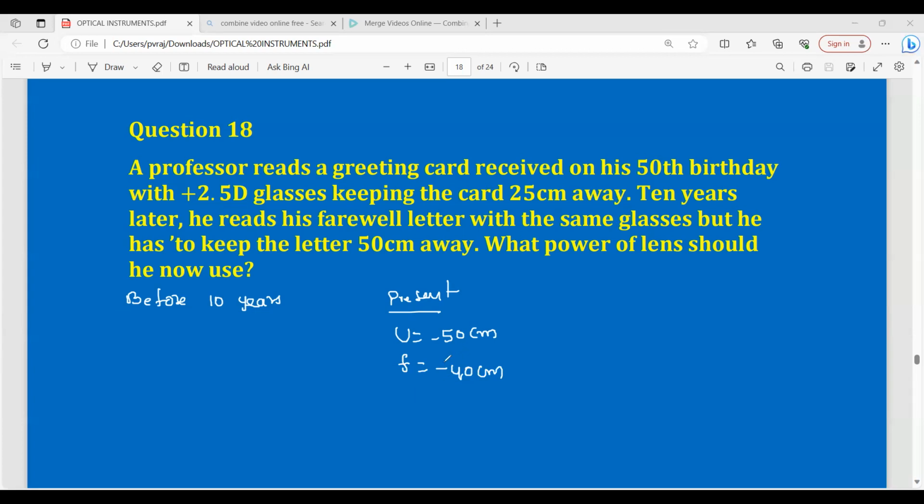Of course, plus 40 you can also use, no problem. Then you have to calculate the v value.